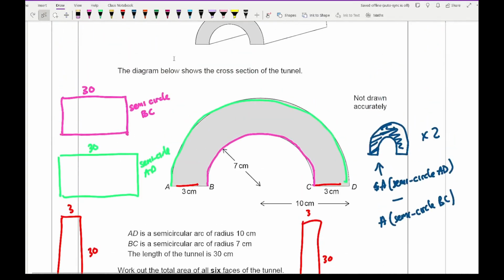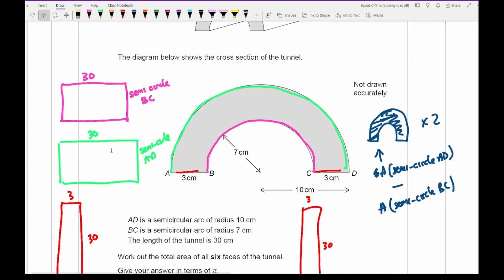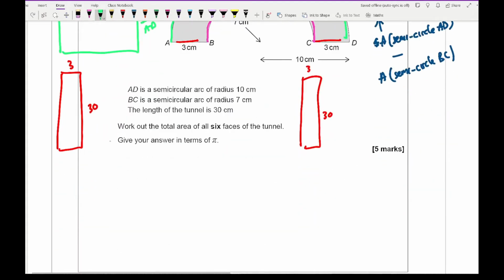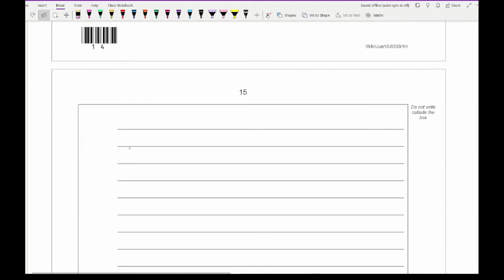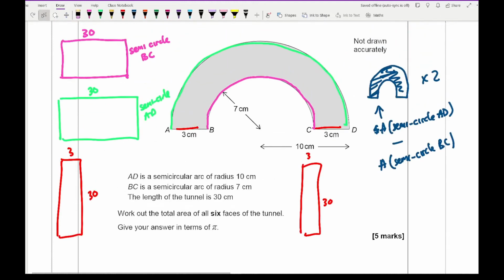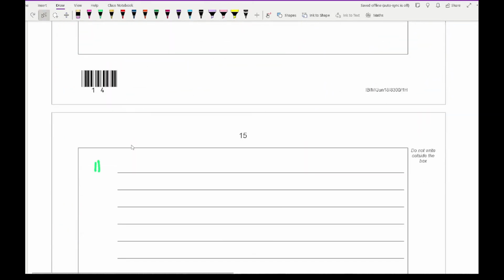So let's first of all find the green area, and I'll try and color code this so you can see which bits I'm actually working out. Let's just call that number 1. In terms of number 1, the semicircle is going to be 2 pi r divided by 2, and then multiply that by the length.